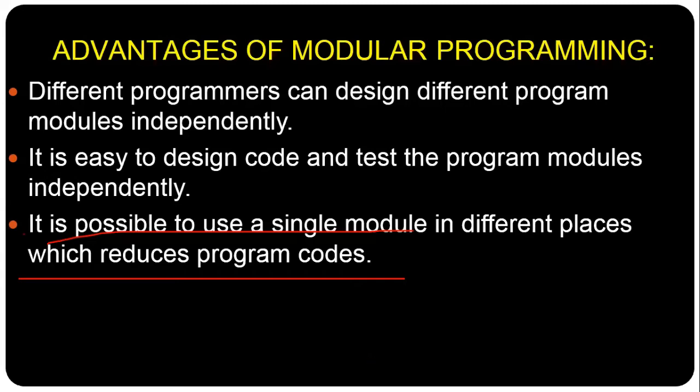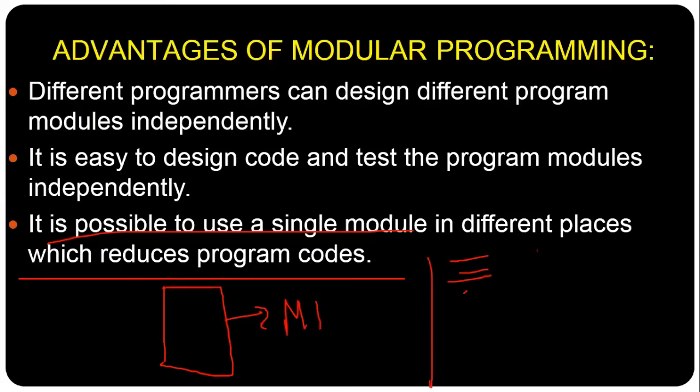What I'm trying to say is, suppose somebody has created a module, and let's say it is module 1, and there is somebody else who is writing code. This module has already been created, and what is required is exactly the code that is present in this particular module.